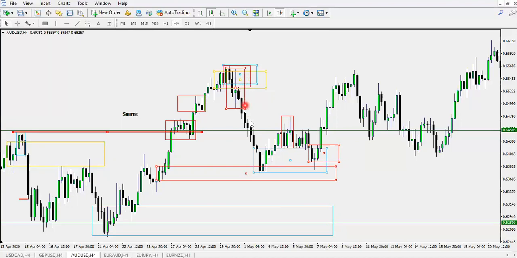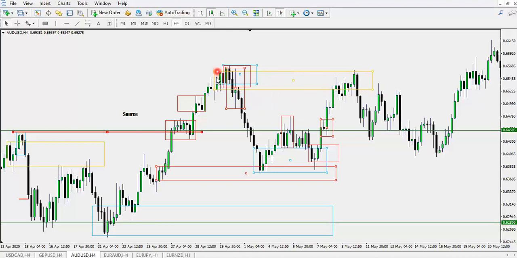Okay, so when price came down into our source, compression or accumulation, we created this order block once we tested our source and our bullish order block over here. Price then rallied up and created another bullish order block over here. So that was a bullish order block. And then price, as you can see, rallied up. Okay, so here is something important to show you.